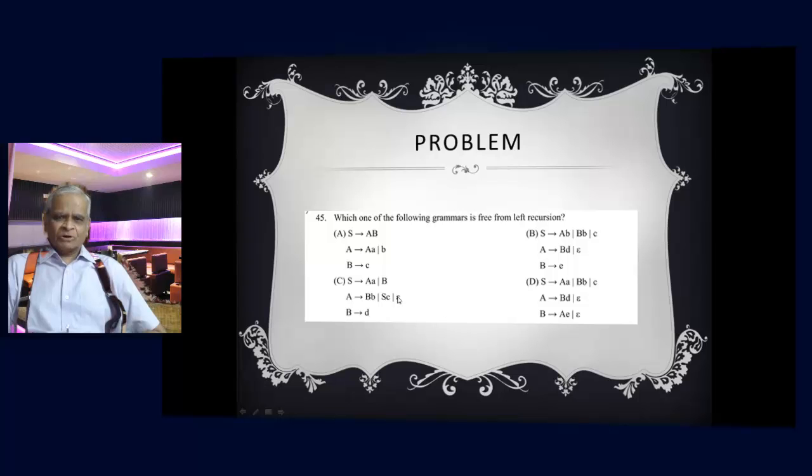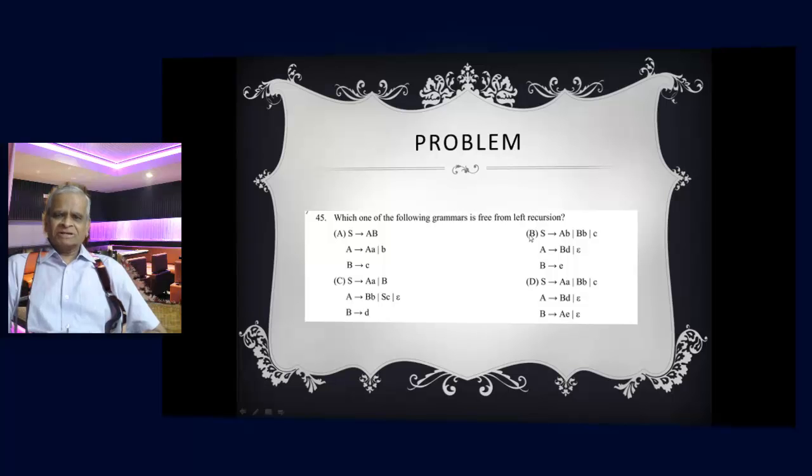We can see epsilon is occurring here, here, here, and here. If I examine choice A, I find that the left-hand side of the rules contains a capital letter. That is a non-terminal symbol. That is sufficient for us to conclude that choice A is a context-free grammar.